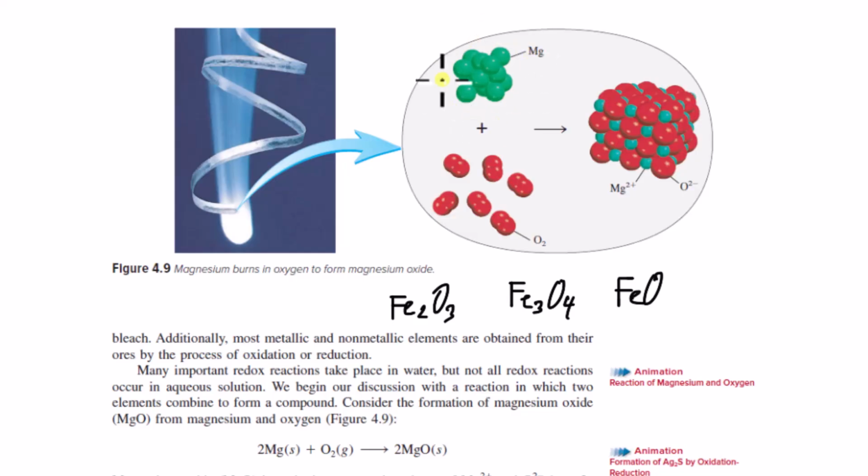So we've got solid magnesium in an O2 gas environment. The O2 gas molecules are flying everywhere, with some crashing into the surface of the magnesium.